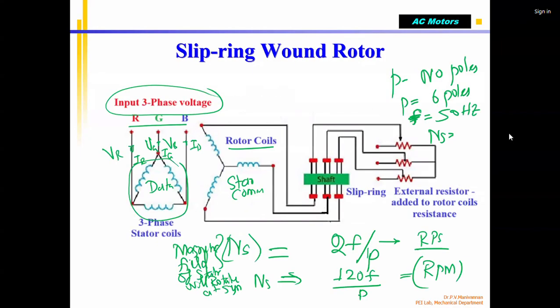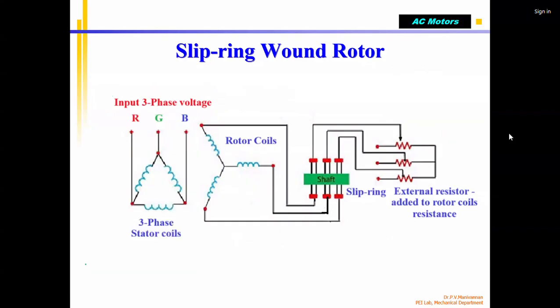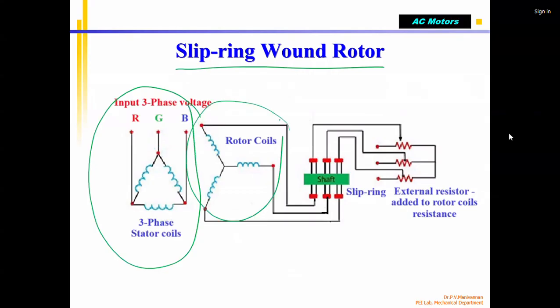Now this figure shows the slip ring wound rotor. You have a three-phase stator coil and this is the rotor coil. But you can see that the rotor coil ends are brought out to an external resistance. This is very important, note it down. An external resistor, which is a variable resistance. This is the symbol for a variable resistance. This one is the symbol for fixed resistance, for example R equal to 100 ohms.